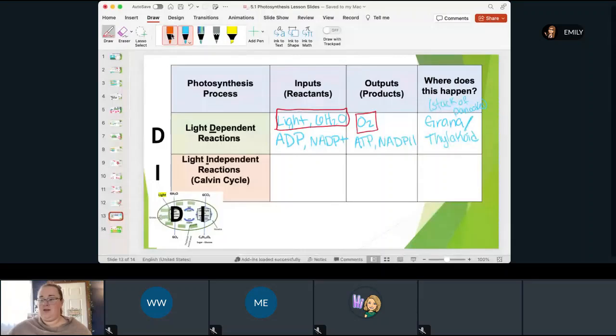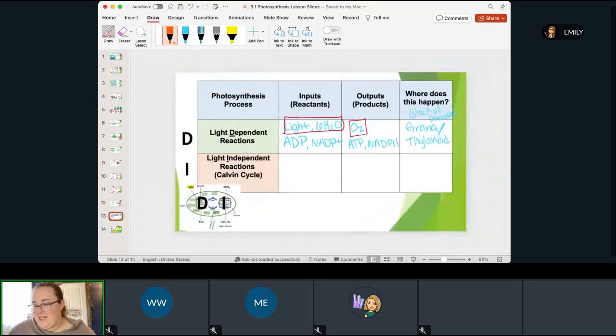Now, let's talk about the light independent reaction. So let's talk about the Calvin cycle. What goes into the Calvin cycle? What are my ingredients for the Calvin cycle? Very good, Elijah.